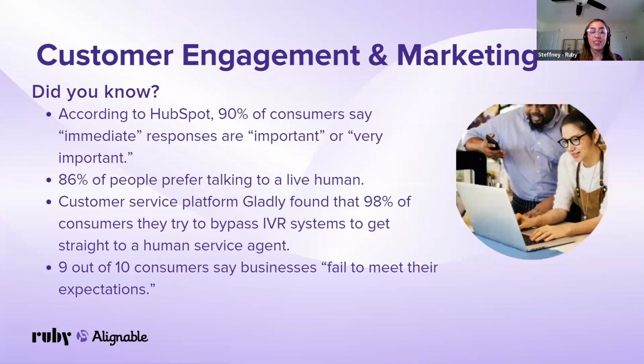To add to that, topping this list of automated tech consumers dislike are interactive voice response or IVR systems. According to research performed by Gladly, IVR remains a wildly unpopular choice amongst consumers, with 98% admitting they try to bypass IVR systems to get straight to a human service agent. I know I press zero as much as possible until I can get a hold of a rep.